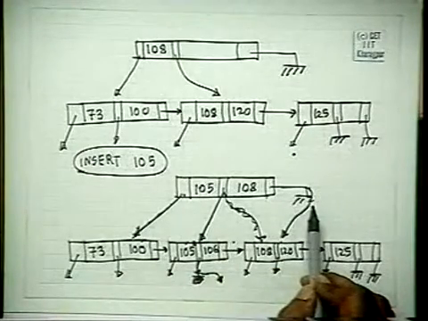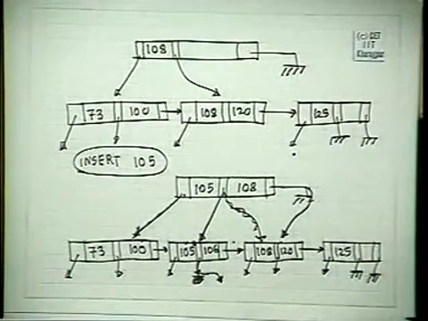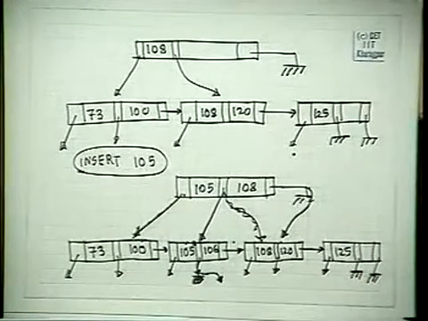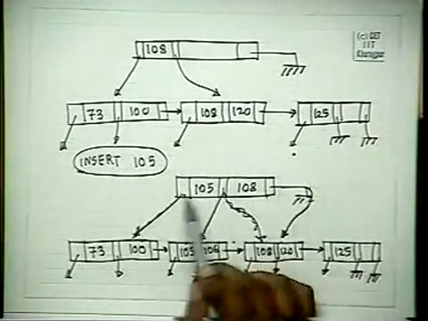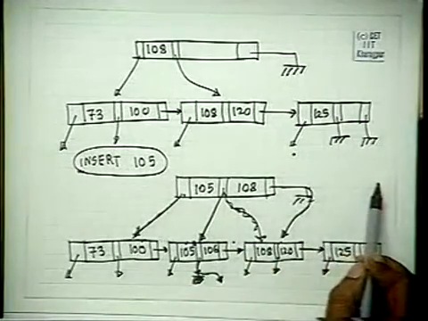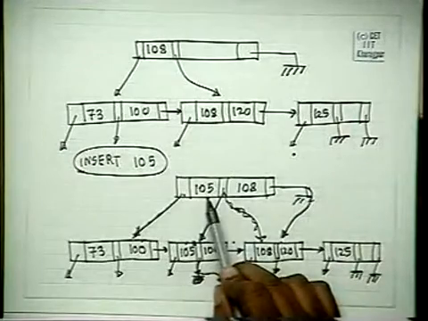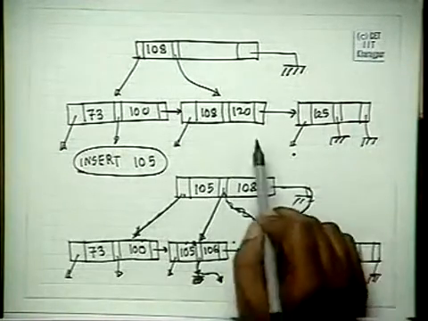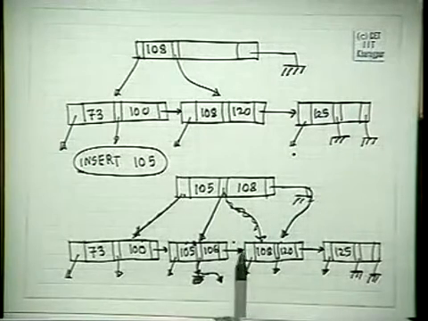There are no pointers free here, so I will have to generate another node, shift them, make 105 and something here, some portions here, and since I have split up the root node, I will have to generate another root node. This is how the whole process will go on.